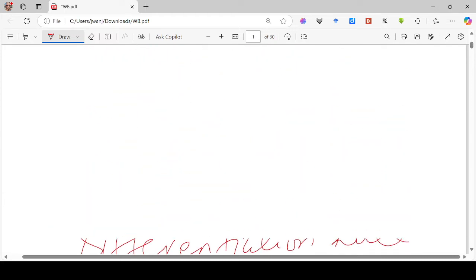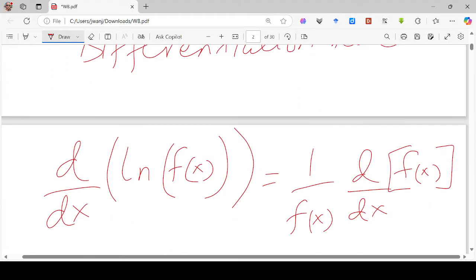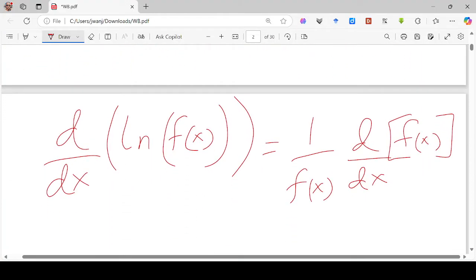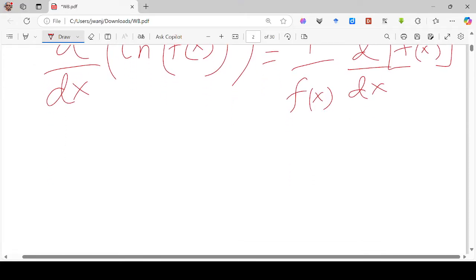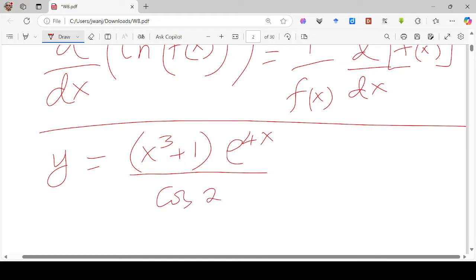Apart from the three laws of logarithms, when we get to the differentiation process, we use this differentiation rule. So we have our function, y equals x cubed plus 1 multiplying e raised to power 4x, divided by cosine of 2x.